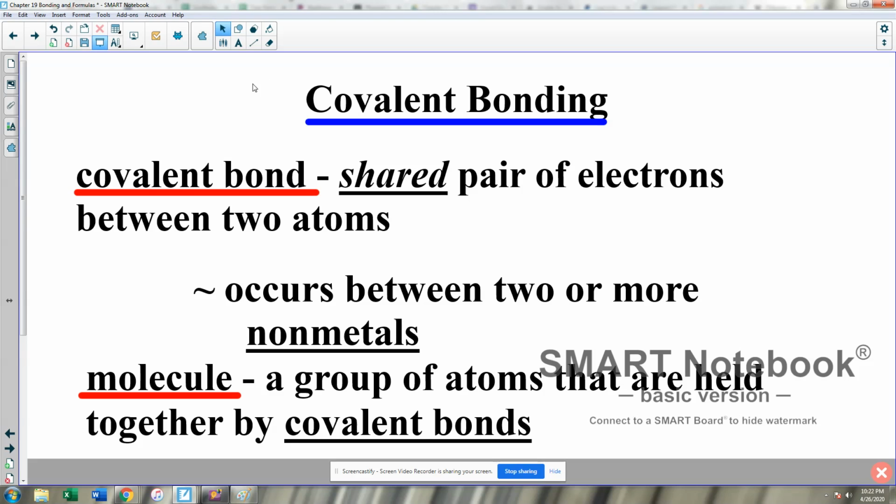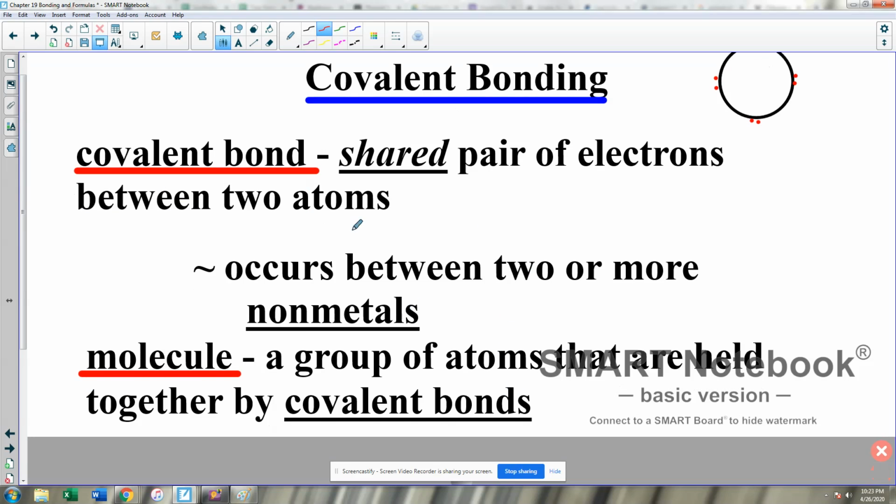Remember when we drew our Lewis dots, or our Bohr model, where we put all the electrons on there as dots together? We said it was a little bit easier to do if we kind of paired them up, right? And there's a reason we did that. It's because it's easier to see the pairs, but also because when electrons are shared, they share in pairs as well.